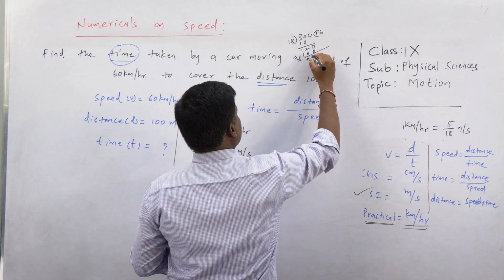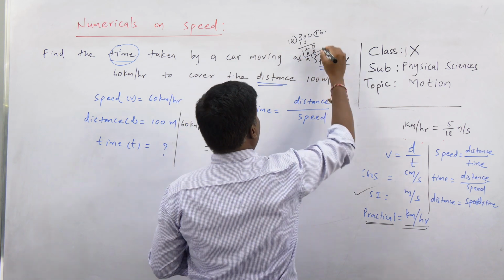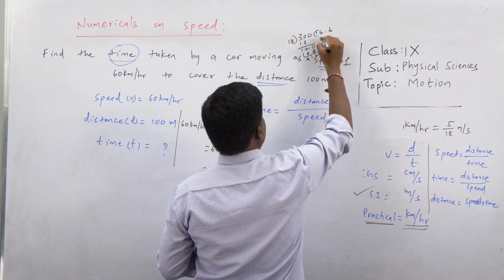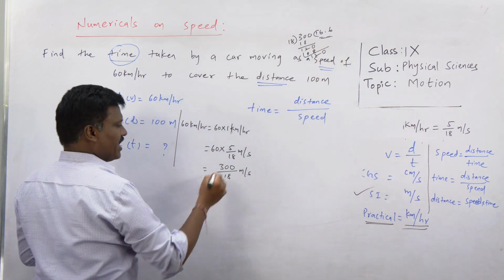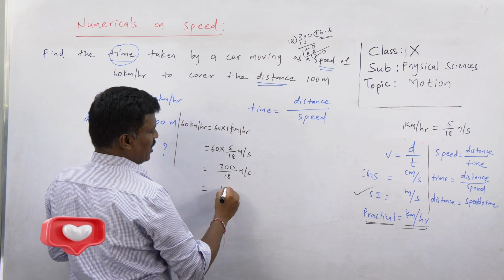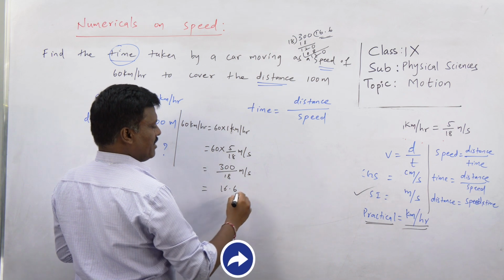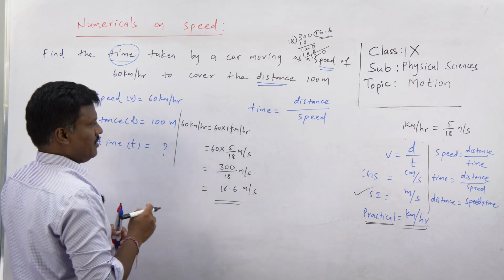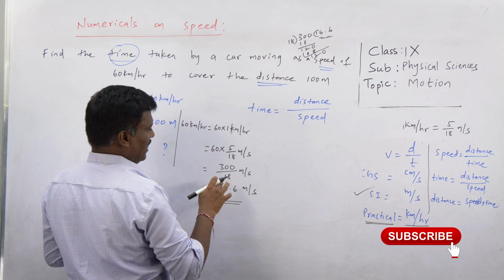How much is left over? 12 left over. Again it is repeating. Same, we will get 16.6. So if you do the division of 300 by 18, how much are we getting? 16.6 meters per second.